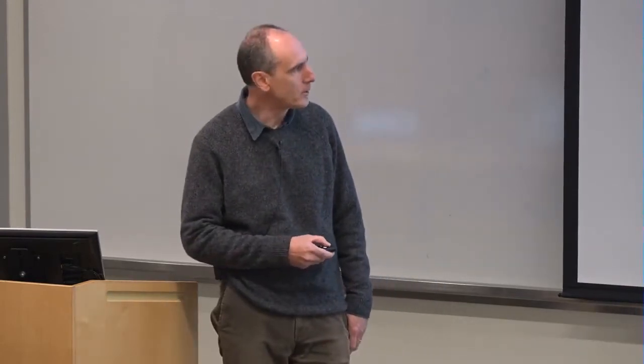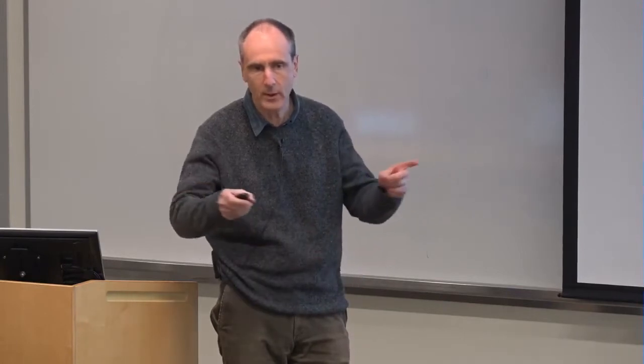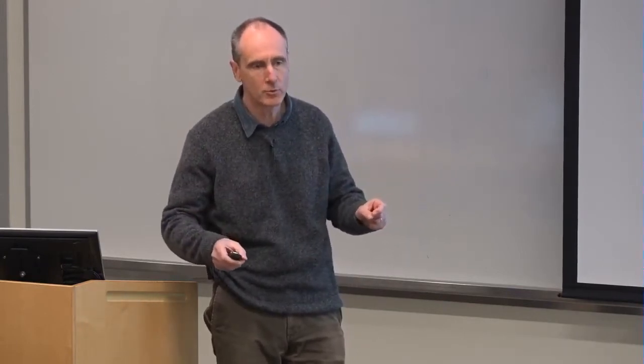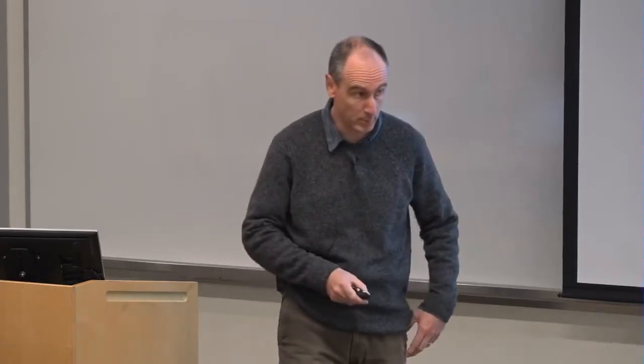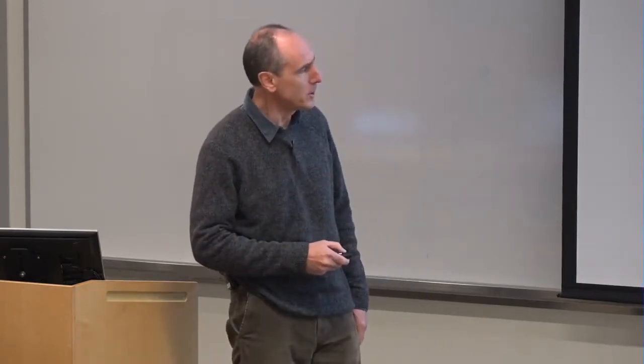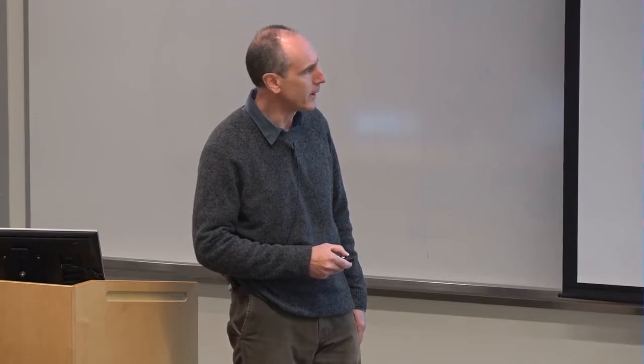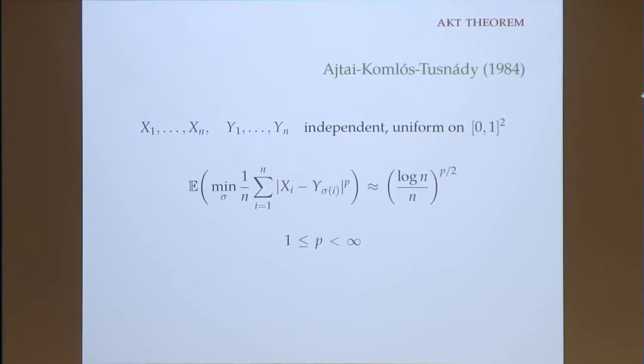So with respect to what Yuval discussed this morning, there is a normalization n, which is due to the fact that he was considering uniform distribution on the square with side length square root of n. So with respect to what is expected by the typical distance between uniform points on the square, there is an extra log here in this result.